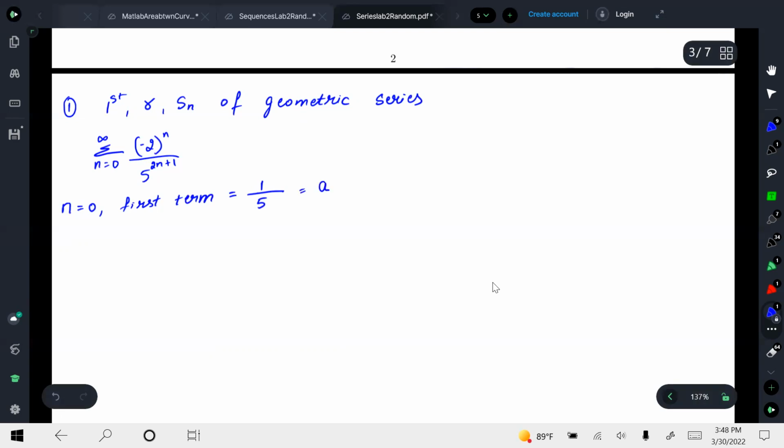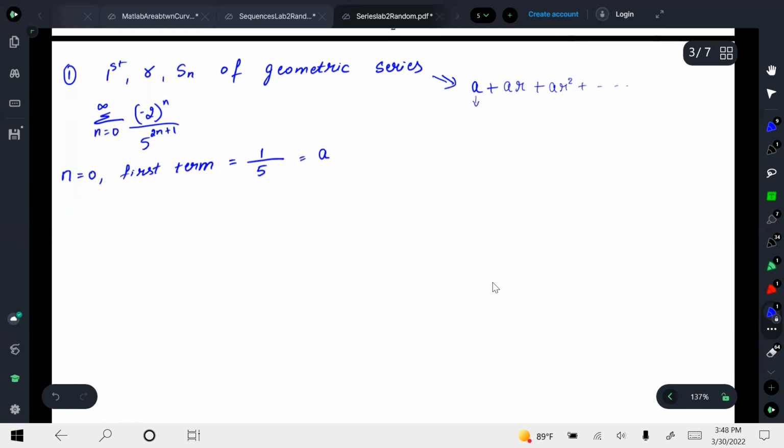Now this is equal to a. That is your first term, because I told you in the geometric series, the series looks like a plus ar, plus ar square, and so on. So this is the first term, right? So that is a. Now for n equal to 1, the second term, just plug in n equal to 1 in the series.